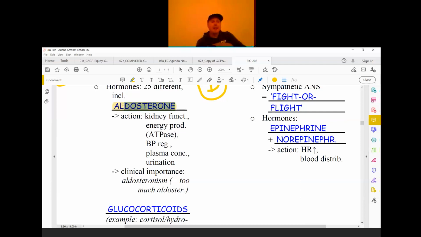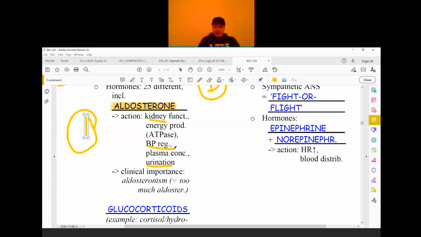The first one that we're going to start with is aldosterone. Aldosterone acts on the kidneys, so it's not a surprise that it would have an effect on urine production. And the main function of the kidneys is actually regulation of blood pressure. So that's not going to be surprising either.